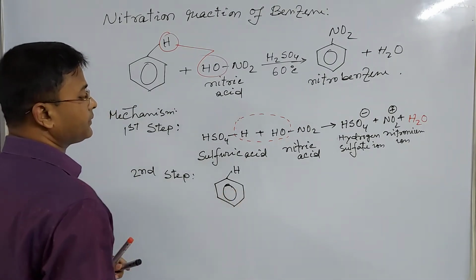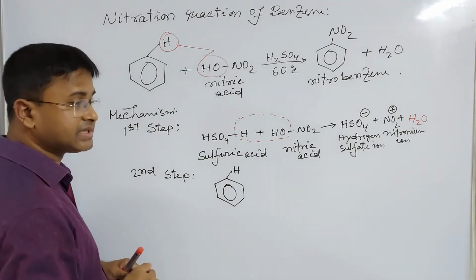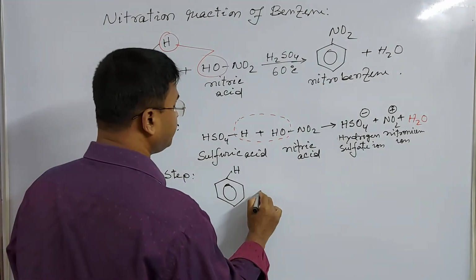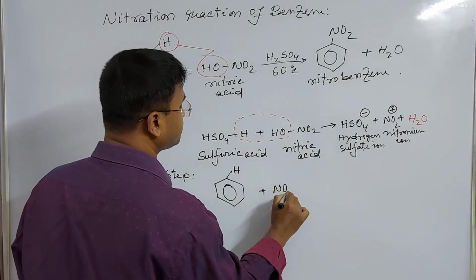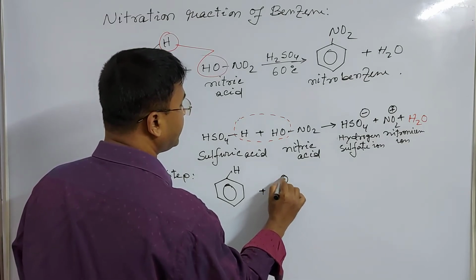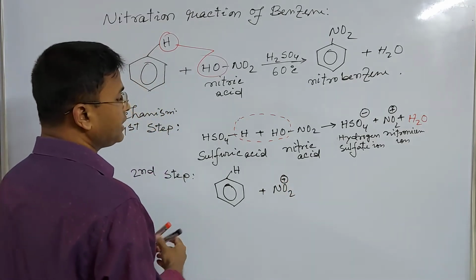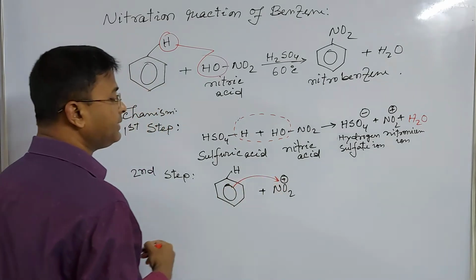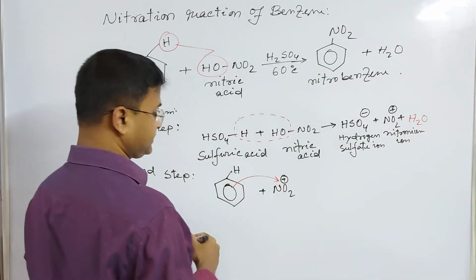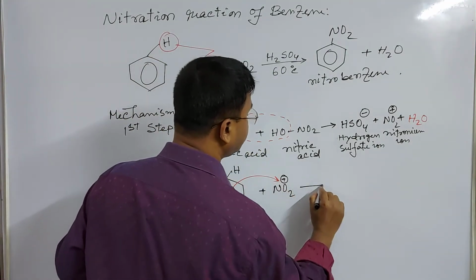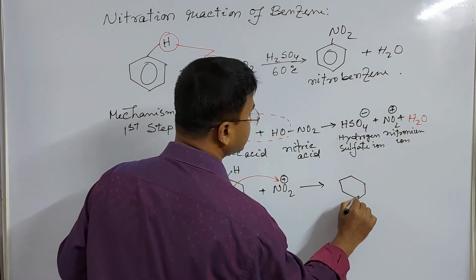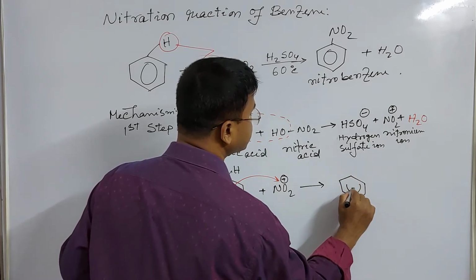This circle actually represents the delocalized pi electrons. And the electrophile, nitronium ion, NO2 plus, attacks the benzene ring and the benzene ring becomes positively charged. It forms an unstable carbonium ion. My dear students, this is also known as the sigma complex.